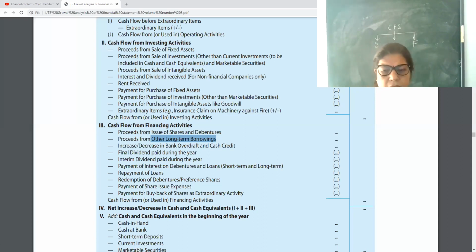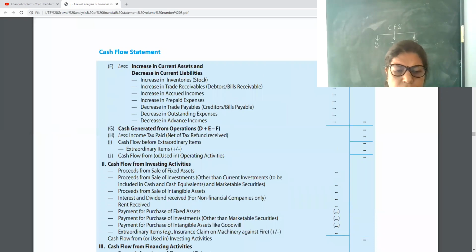So finally, they will have that balance, which is known as cash flow from financing activity. But if the final amount comes negative, then you can use cash used in financing activity.